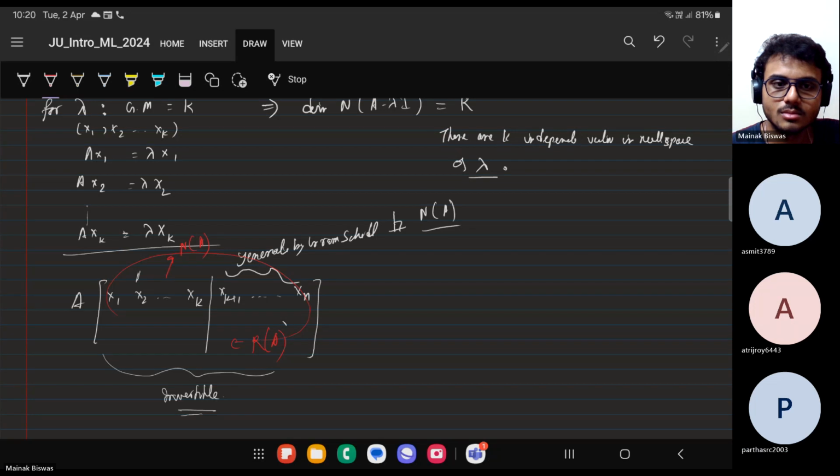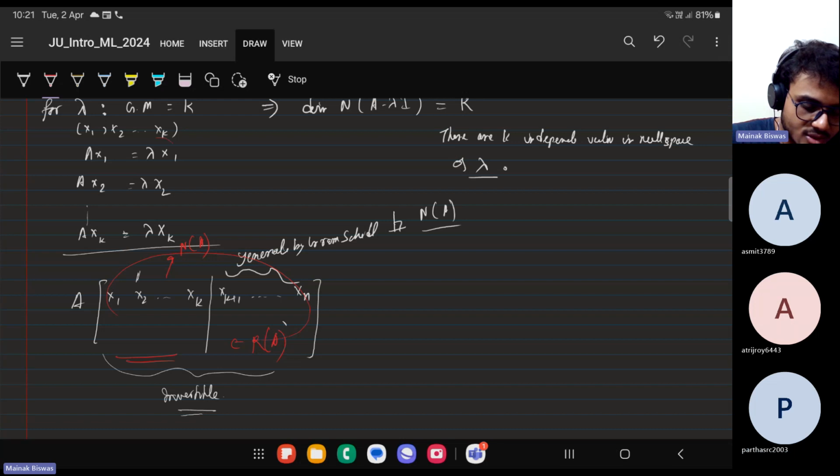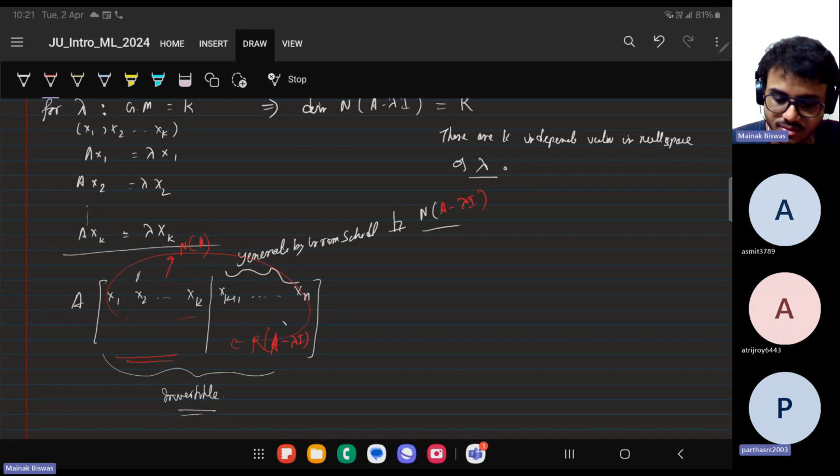No, this is null space of A. I have found this for the eigenspace, the null space of A minus lambda I. These are k vectors. I am going to generate the rest of the vectors perpendicular to these k vectors. That's what I mean. Null space of A minus lambda I, so the row space of A minus lambda I, not exactly A. Clear? Yes.